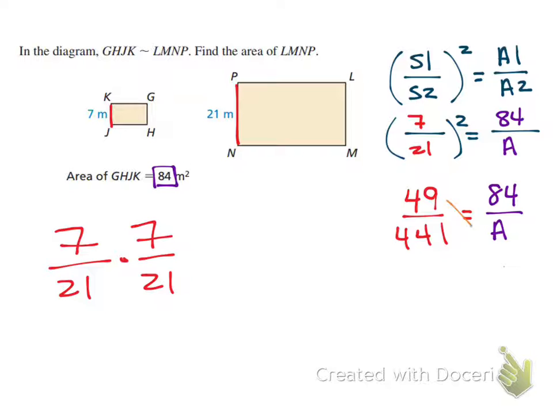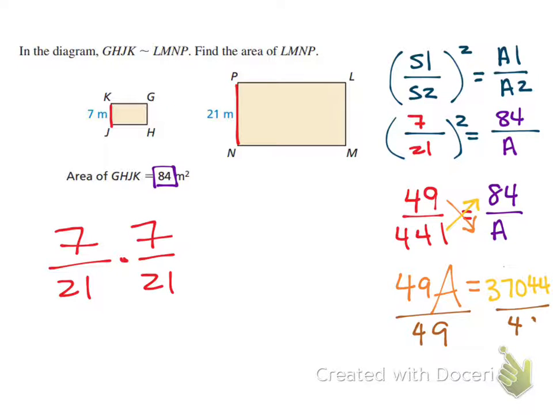We will then cross multiply. So we got 49a equals a very large number. What is 441 times 84? 37,044? Yes. Perfect. Divide by 49. 756. And it would be meters squared.